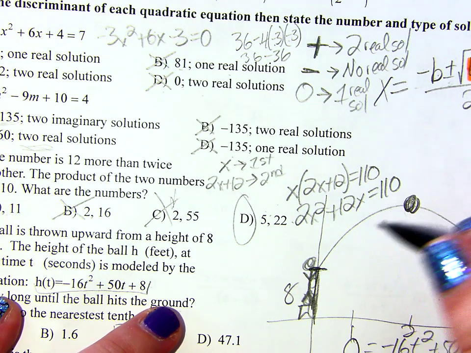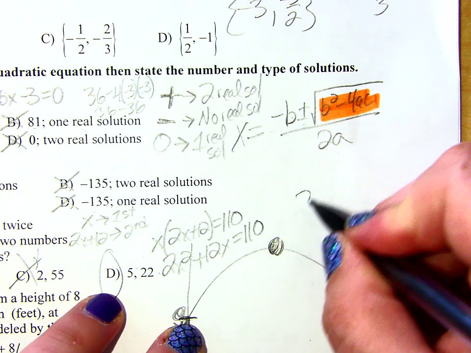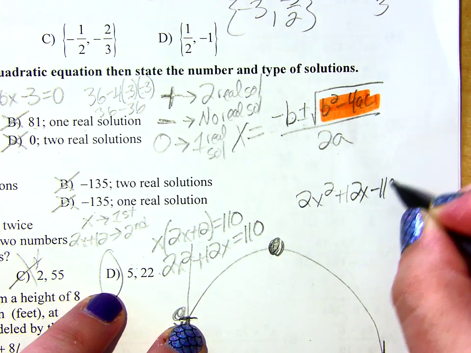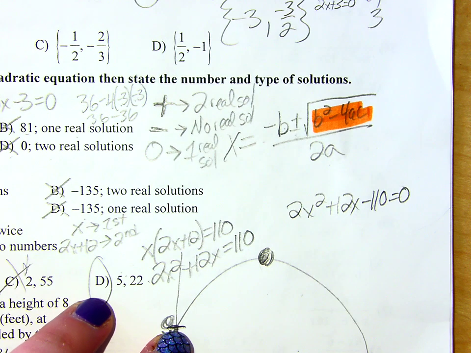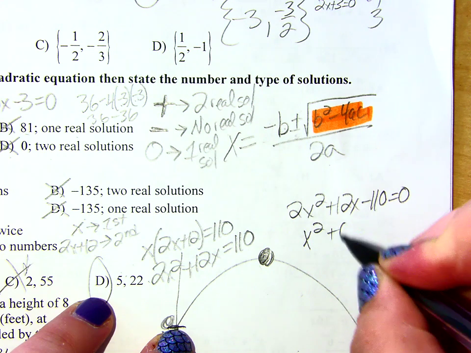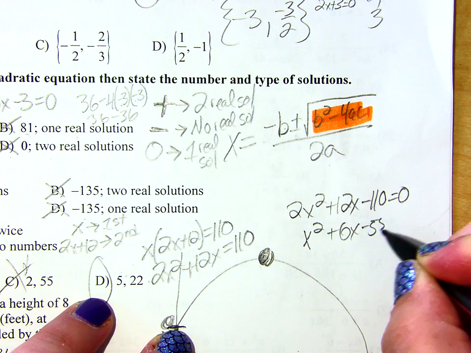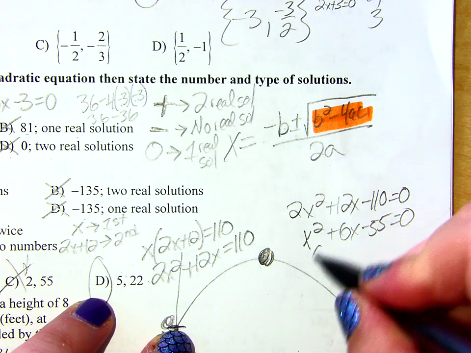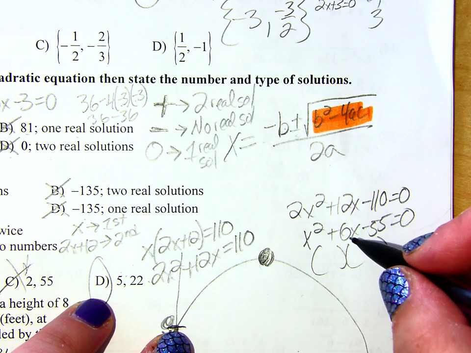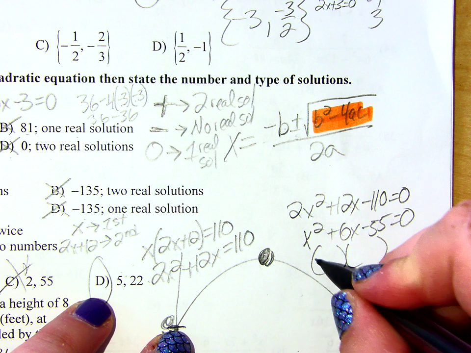So I'd set it equal to 0, minus that 110 over. I would also divide everything by 2, because that makes your life a lot easier. And try and factor. Factors of negative 55 that add to 6: 11 and 5.